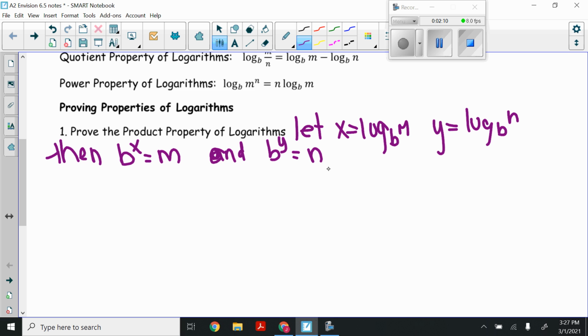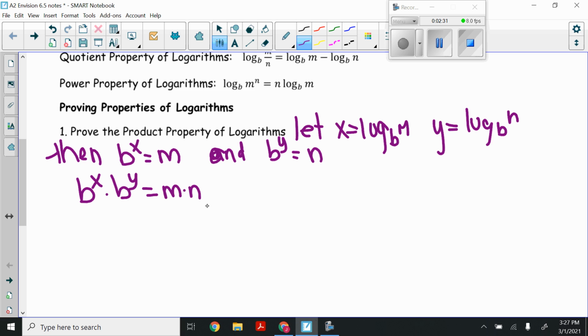So now I'm going to multiply these two together. So b to the x times b to the y is going to equal m times n. I just multiplied b to the x times b to the y, and on the other sides, multiplied m times n.